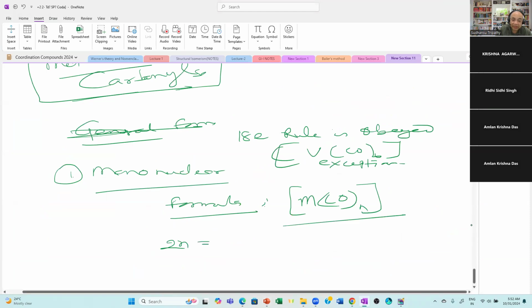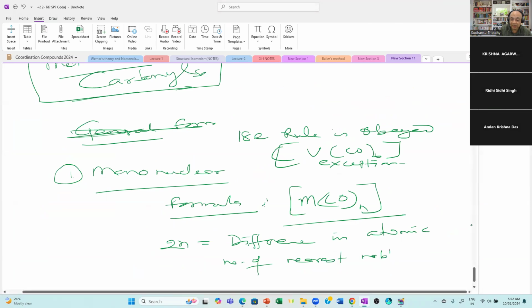What is N? 2n is the difference in atomic number between the nearest noble gas and a neutral atom, a transition metal atom.